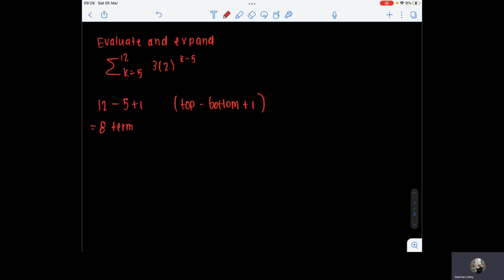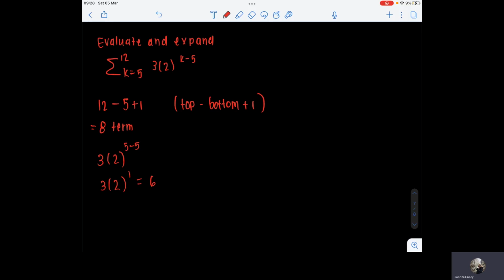So let me expand it quickly. Remember, we're starting at our 5th term. So 3 times 2 to the power of k minus 5, which is 5 minus 5. So this will be 3 times 2 to the power of 1. So this will be 6. So that's my first term.